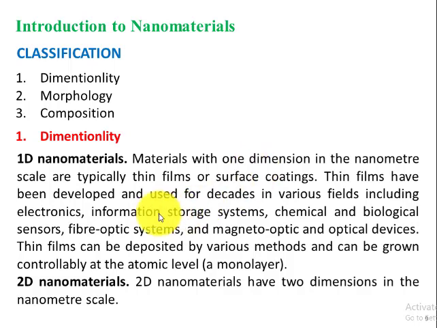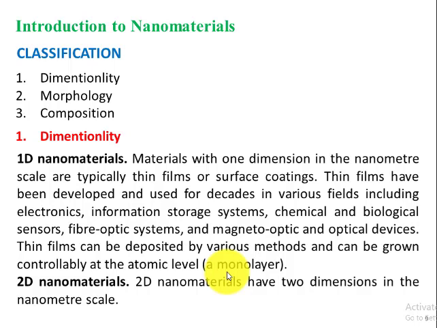Thin films have been developed and used for decades in various fields, including electronics, information storage systems, chemical and biological sensors, fiber optic systems, and magneto-optic and optical devices. Thin films can be deposited by various methods and can be grown and controlled at atomic level, a monolayer, where one layer of atoms is deposited on the surface of the material.